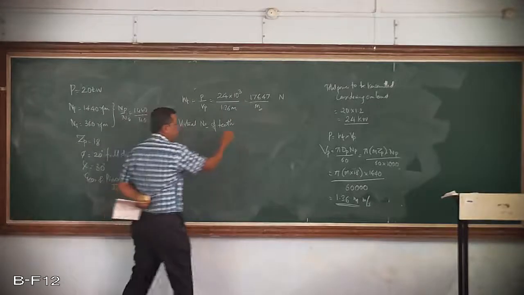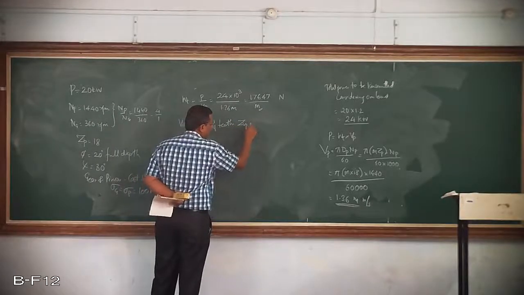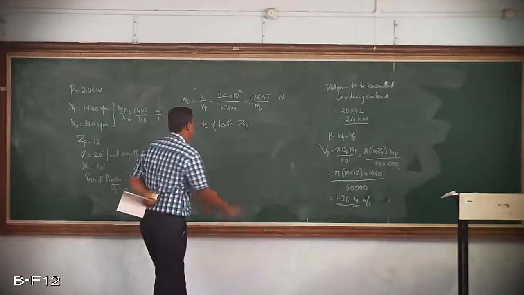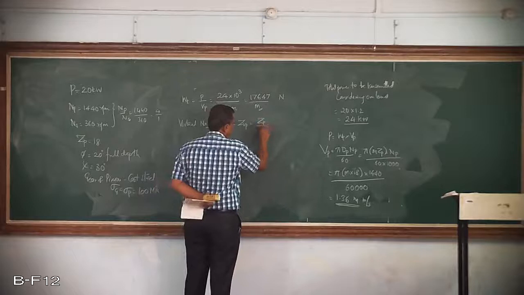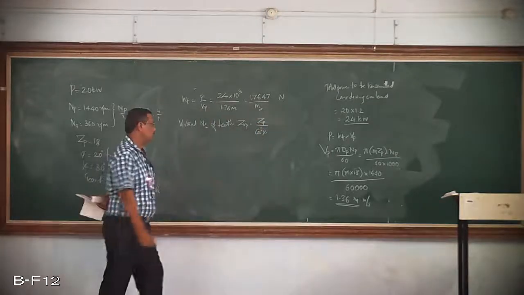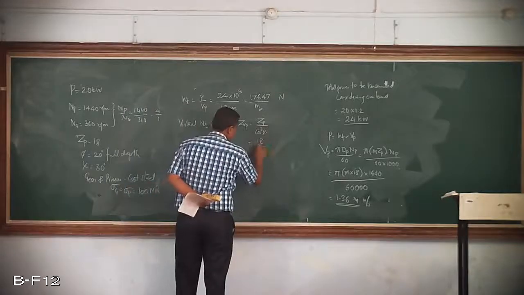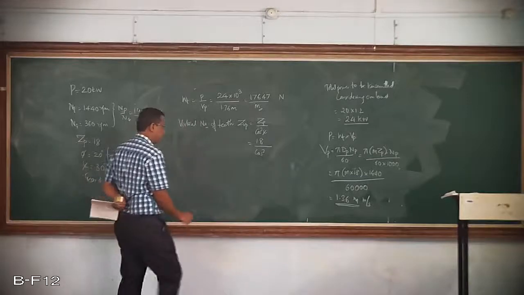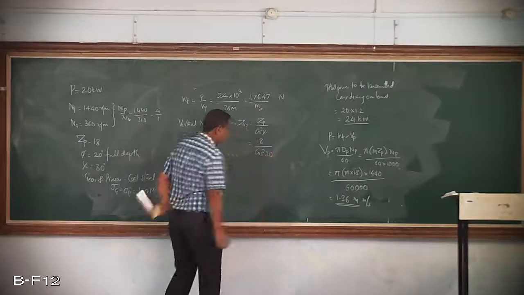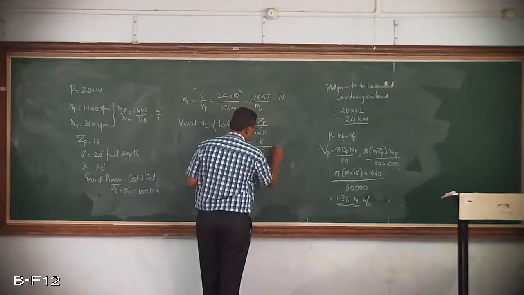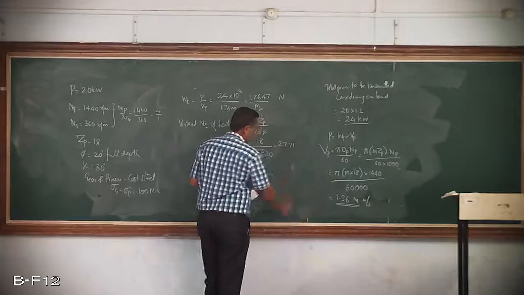Only for the pinion, because the pinion is weaker when both materials are the same. It is Z of pinion divided by cos cube of psi, which is 18 divided by cos cube of 30 degrees, and that turns out to be about 27.71.